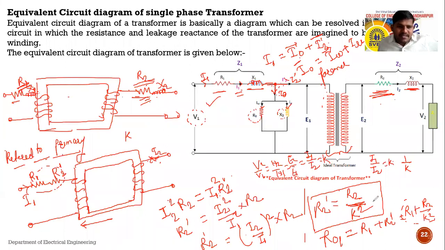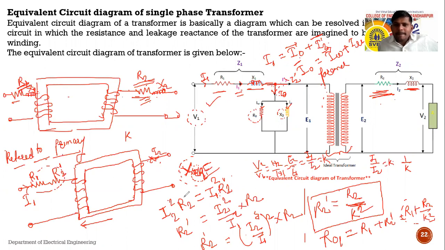Similarly, I want to represent the value of X01. If I want to represent the value of X01, suppose X01, that is the equivalent reactance, referred to which side? See here, X is there, 01 is there, or I will represent it as X equivalent.